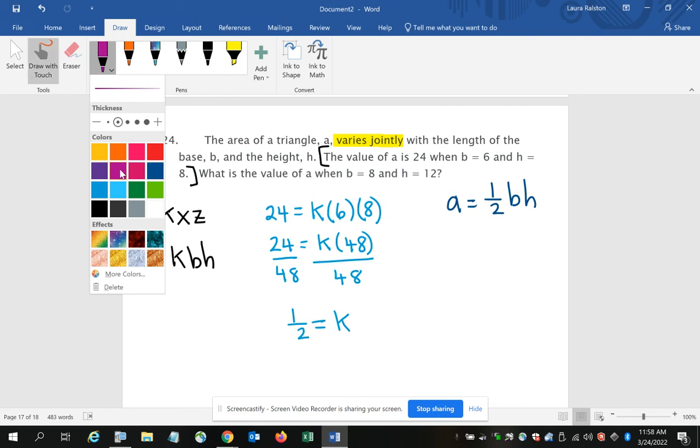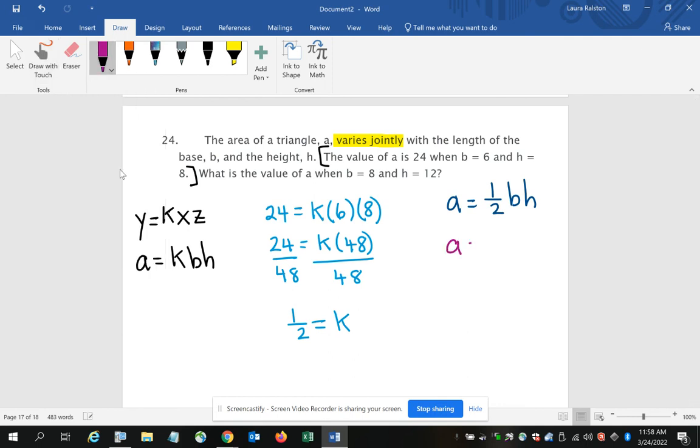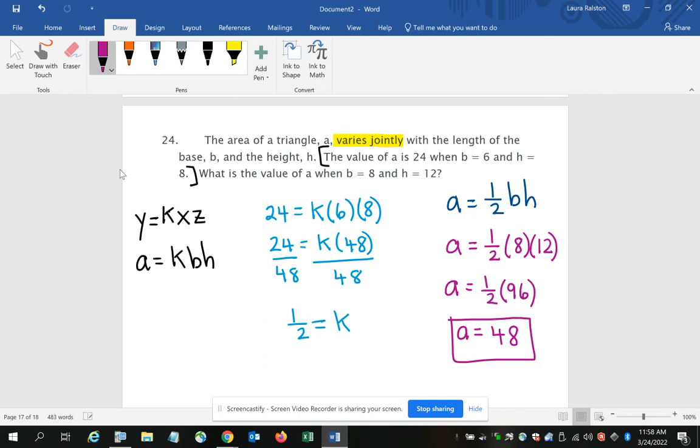So we have, what is the value of A when B is 8 and H is 12? So I have A equals 1/2 times 8 times 12 is 96, and half of 96 is 48. And that will be your final answer. But guys, remember, it's a process. It's a step-by-step process.